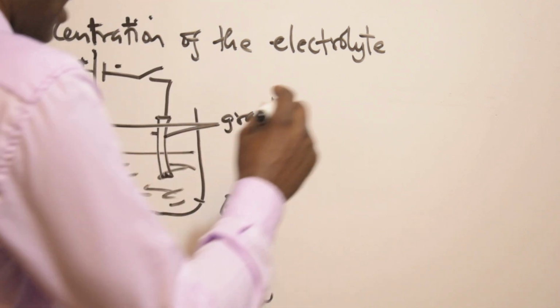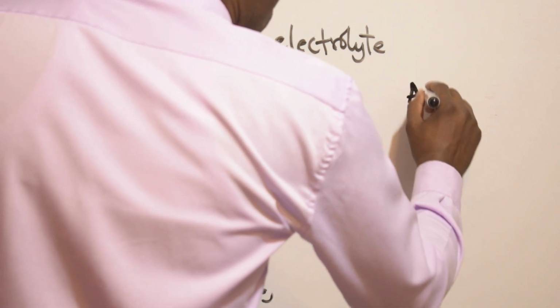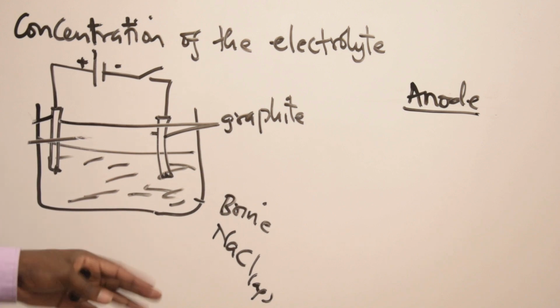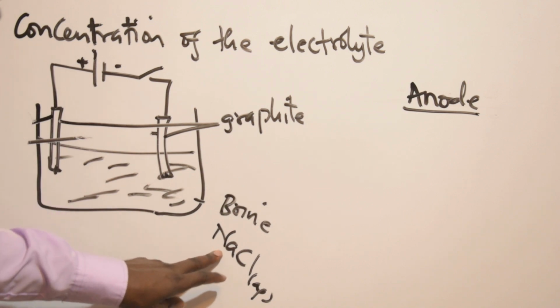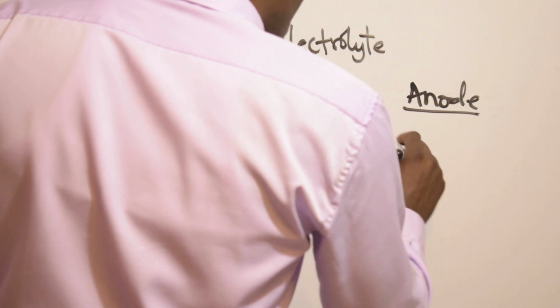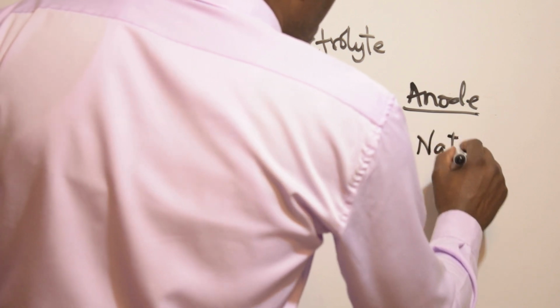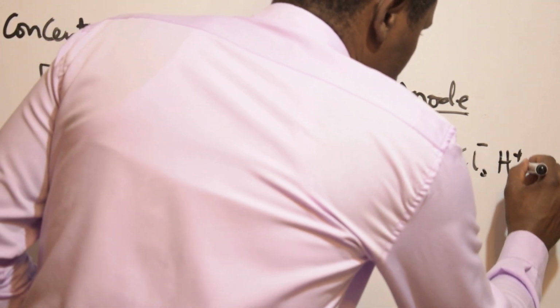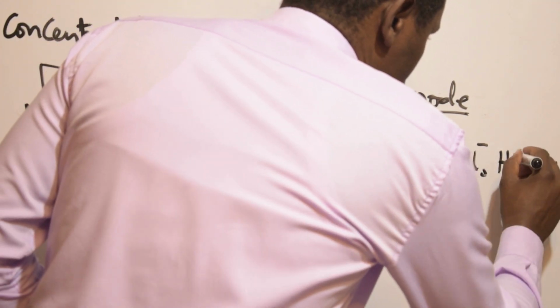Now let's see exactly what happens at the anode. Let's start with the anode here. As we have just seen, in concentrated sodium chloride we'll have sodium ions and chloride ions. We are also going to have hydrogen ions and hydroxide ions from the water.